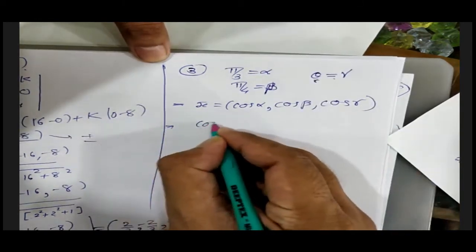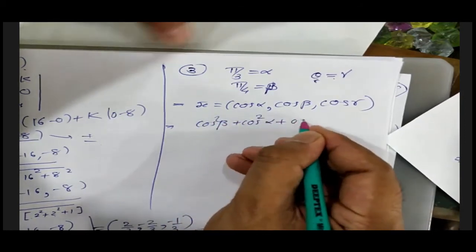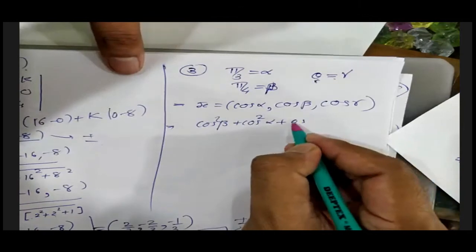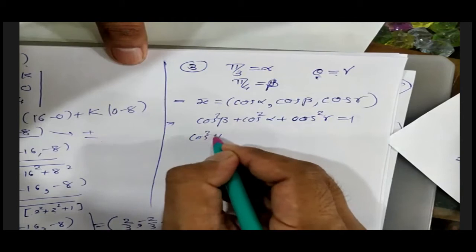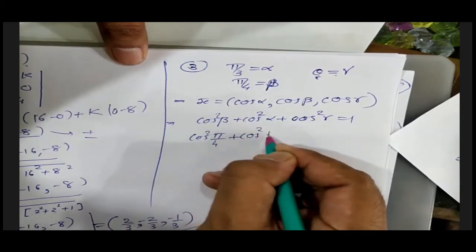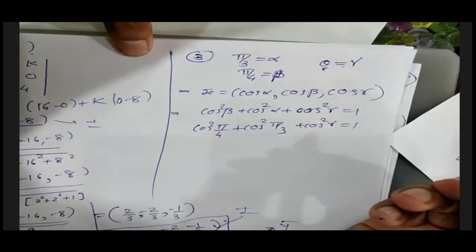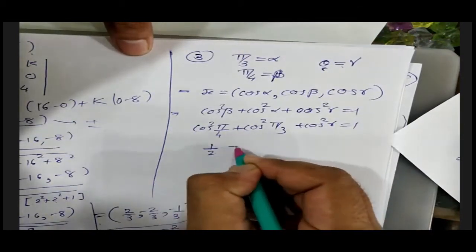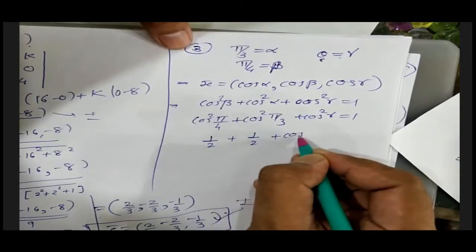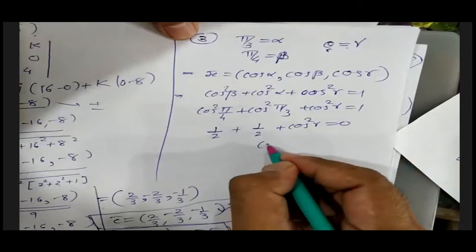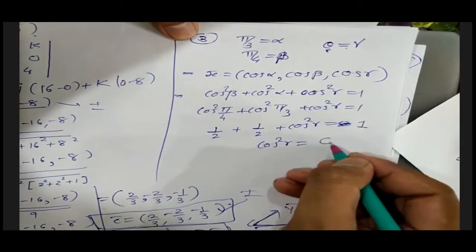We know the property that cos square alpha plus cos square beta plus cos square gamma is equal to 1. So cos square pi by 4 plus cos square pi by 3 plus cos square gamma is equal to 1. Pi by 4 is 1 upon root 2, pi by 3 is 60 degrees, 1 by 2. Is it clear?